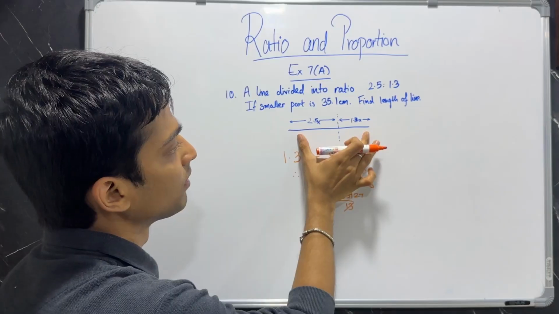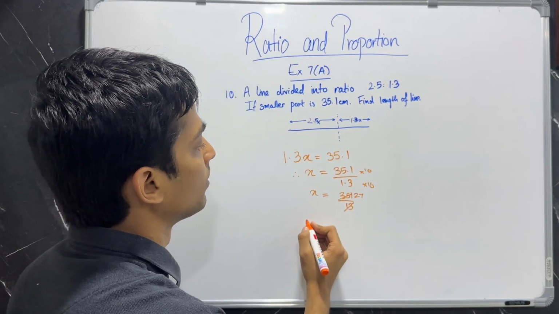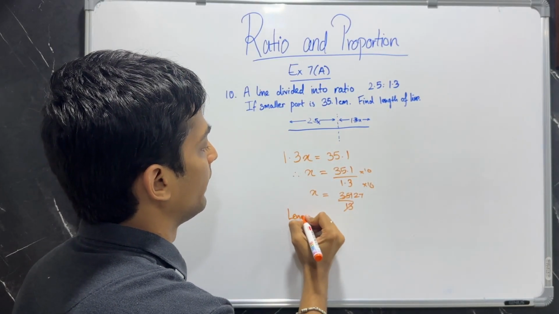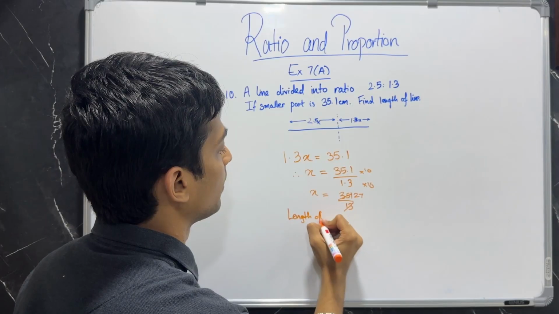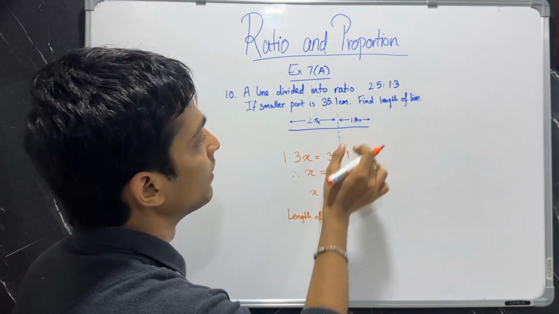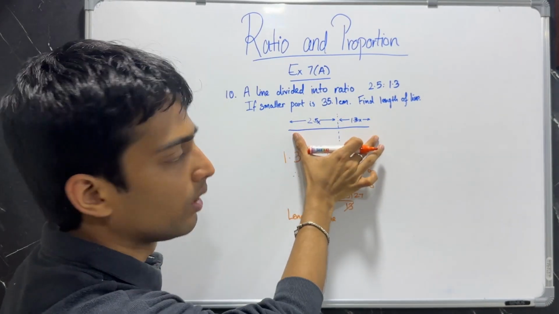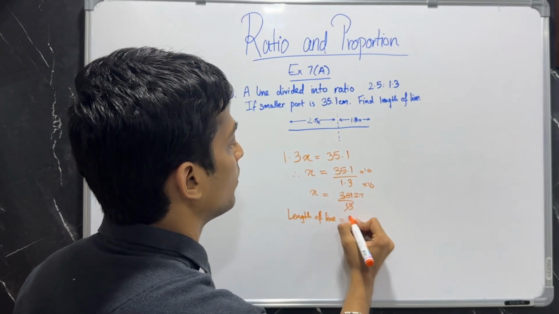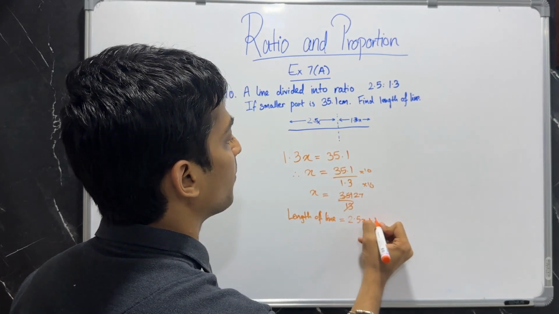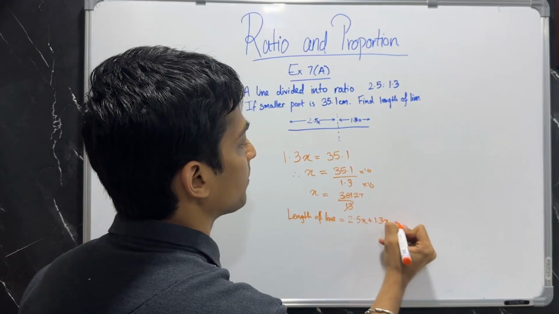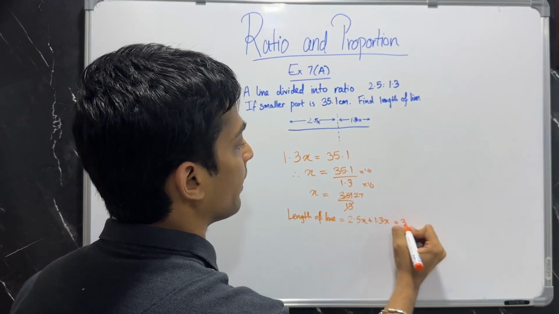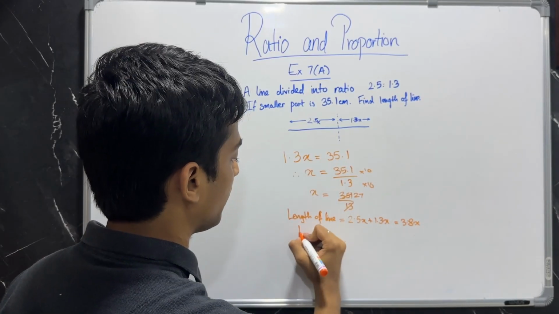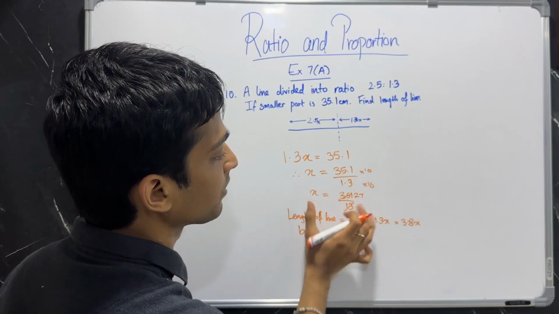Now the length of the line will be the addition, so let's add this first. Length of line is the addition of this. So we get the whole length is equal to 2.5x plus 1.3x, which comes out to be 3.8x. But x is 27.